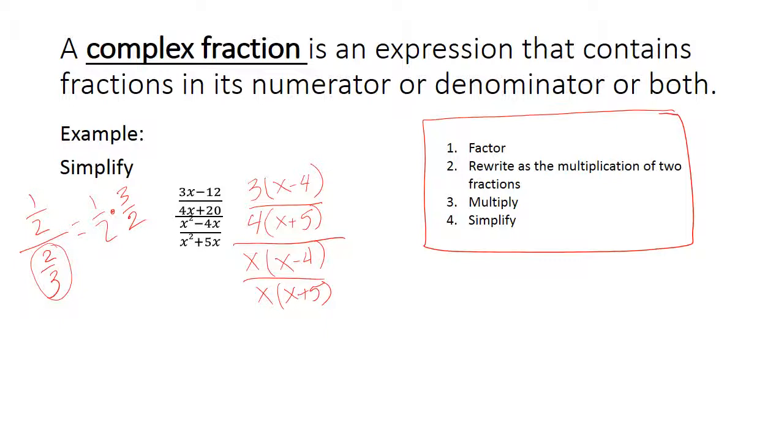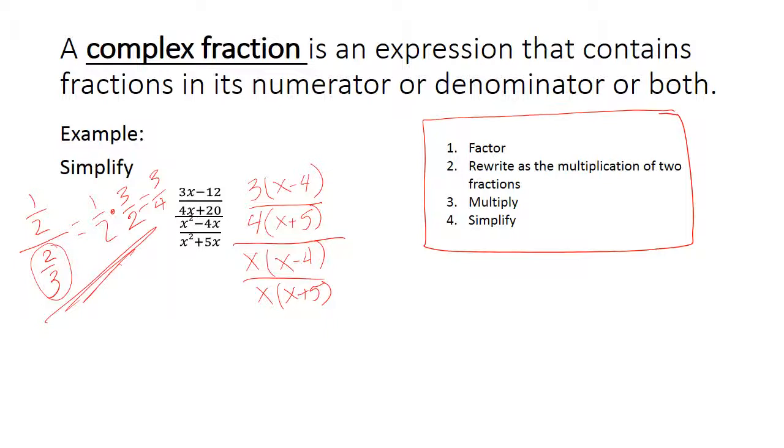Now it's a quick, easy multiply: multiply the numerators, multiply the denominators, and then simplify. So this would be 3/4. I'm going to do the same thing with my complex fraction here. If at any time you get confused as to what you should do, try something simple like this so that you can see exactly what you're supposed to do with something more complex.